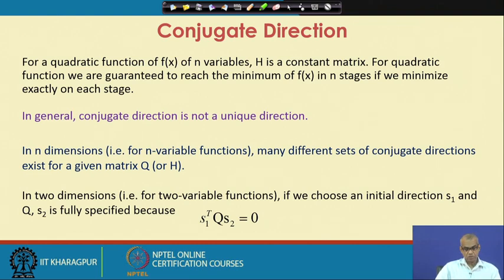In 2 dimensions, that is for 2-variable functions, if we choose an initial direction S1 and we choose the positive definite matrix Q, then the other direction S2 is fully specified. This is because the two conjugate directions must satisfy S1 transpose Q S2 equal to 0.